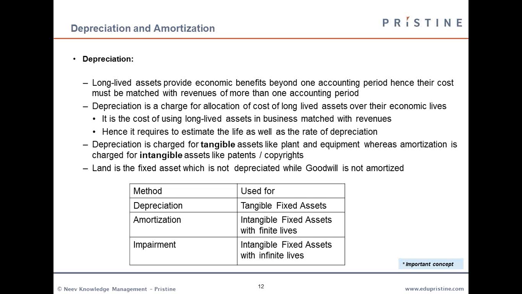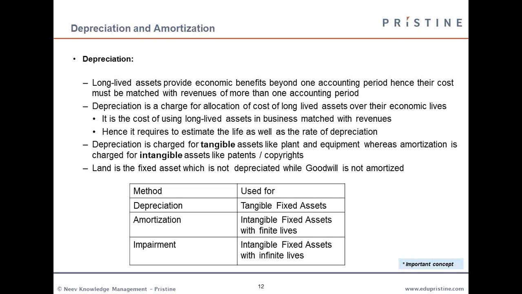So we amortize the patents as we move towards the deadline. Here the important thing that you have to remember is that land is not depreciated and goodwill is the intangible asset which is not amortized. They are the exceptions to this rule.